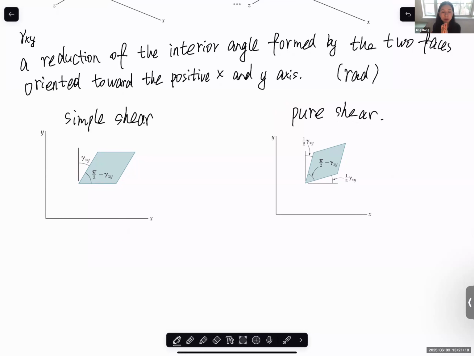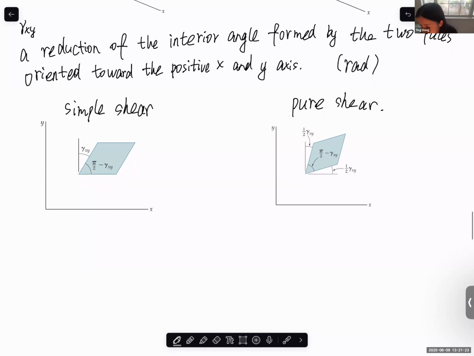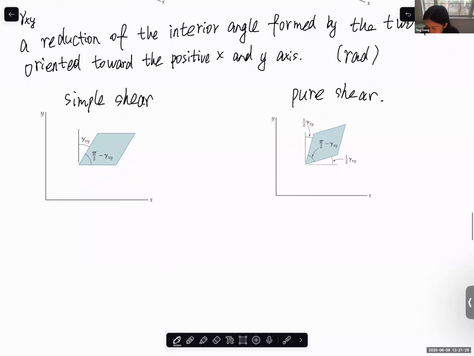So the relation between the stress and strain in the 1D tension compression situation is Young's modulus, and there's something similar for shear stress, shear strain situation, called the shear modulus. Yeah, it should be stress.